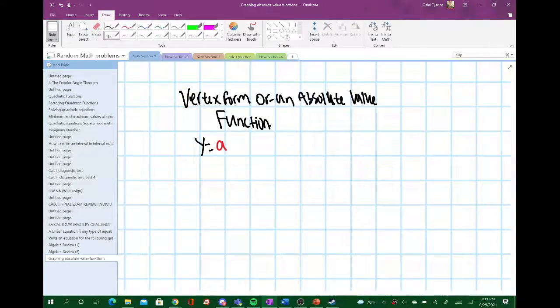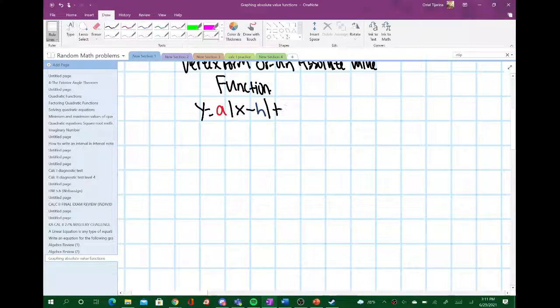It's going to be a times the absolute value of the quantity x minus h, and then plus k. And let me put that in a different color, just so it's kind of diverse a little bit. So like this.